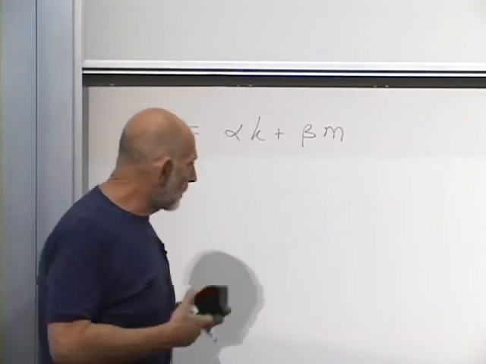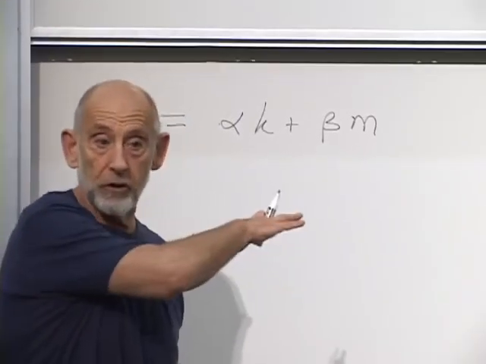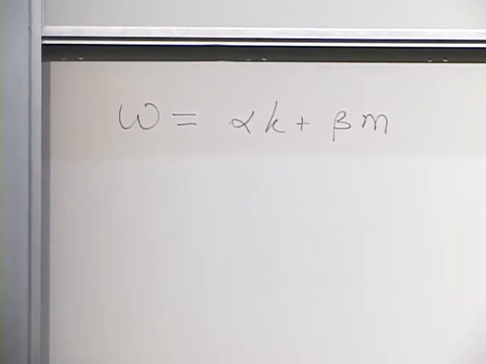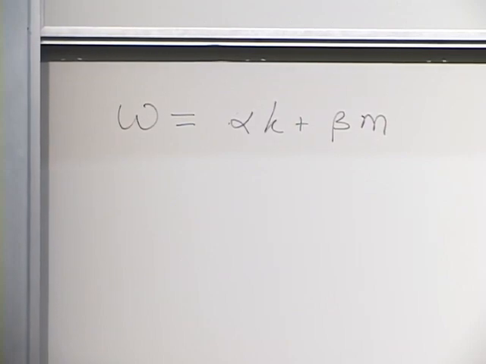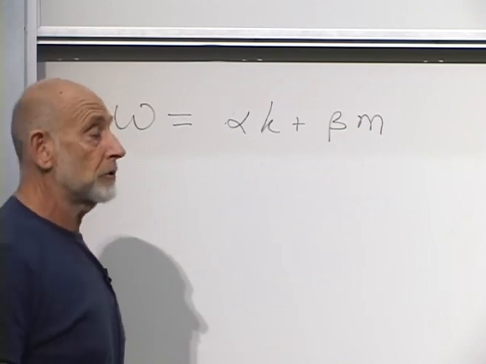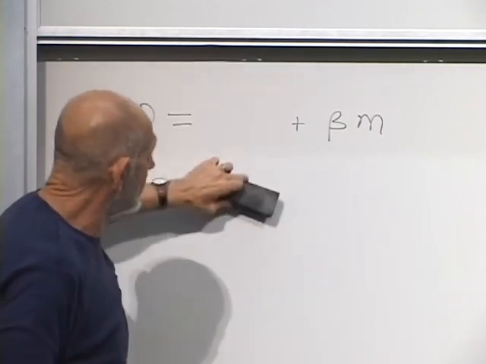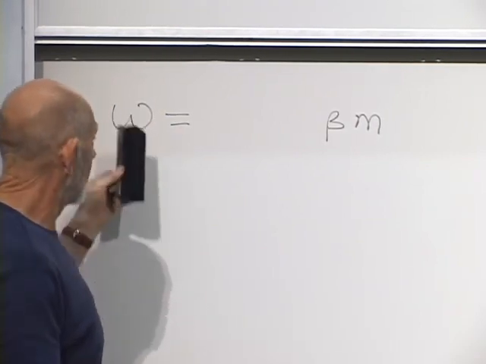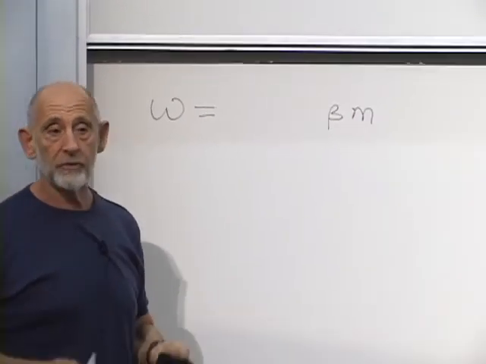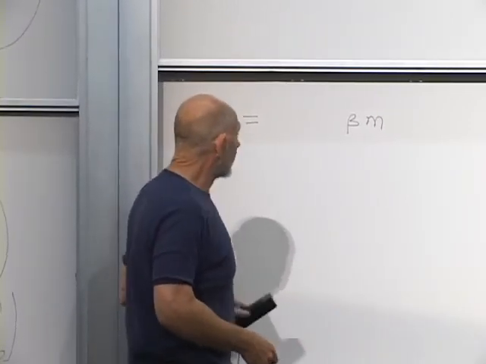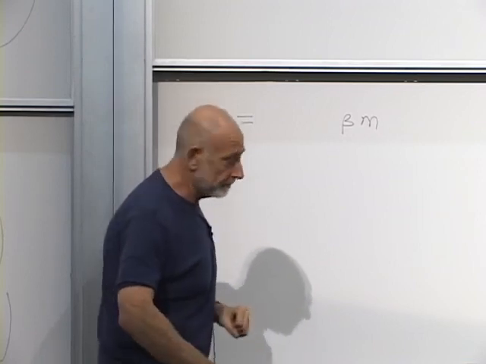Momentum equal to 0, first of all, says that the wave function has no space variation at all. If k is equal to 0, there's no space variation. It's just constant with respect to space. If the wave function is constant with respect to space, no momentum, and we can throw this term away. In any case, when acting on wave functions which have 0 momentum or 0 wave number, then omega is just equal to beta times m.